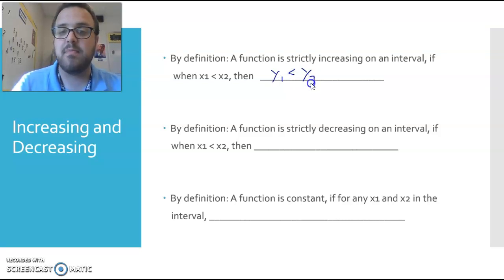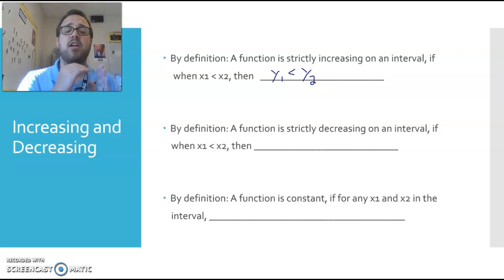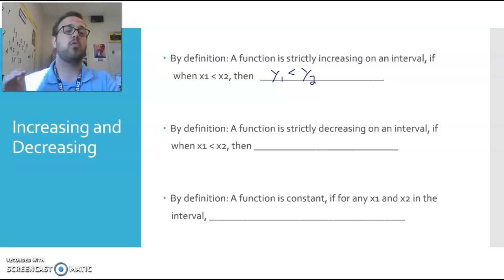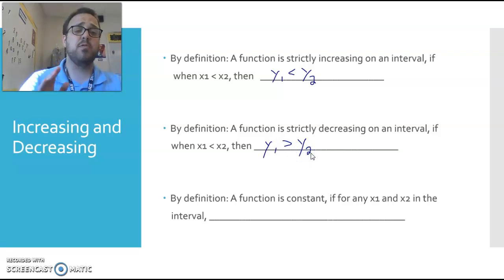Basically what it means is that for every x value as you go, the y value associated with it will be less than the next y value all the way across, okay? And then for decreasing, it's basically going to be the opposite. Your y1 is going to be greater than your y2, meaning that the next y value is always going to be less as we move across the x's.